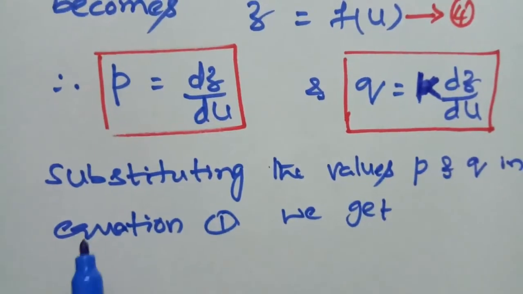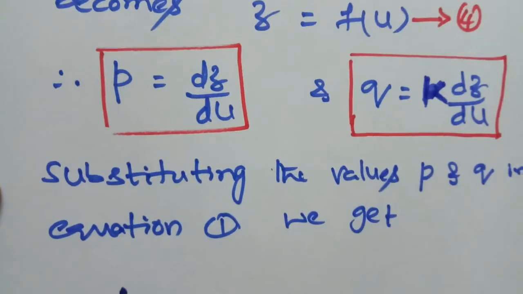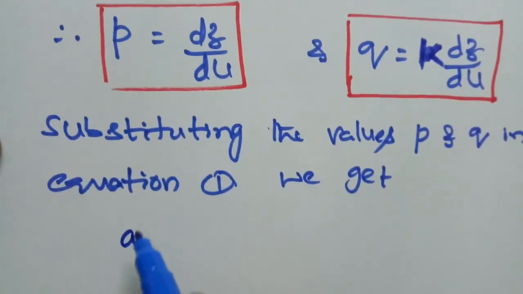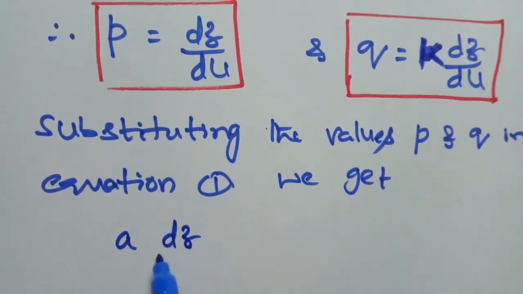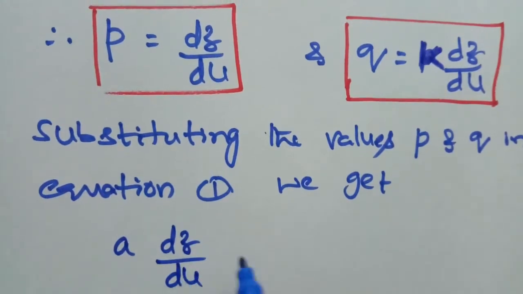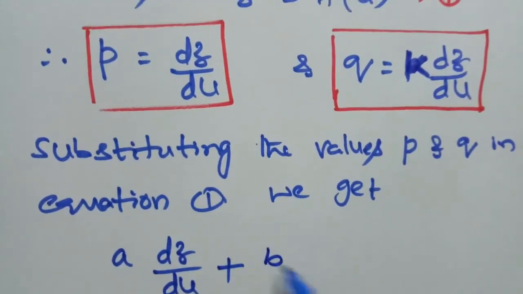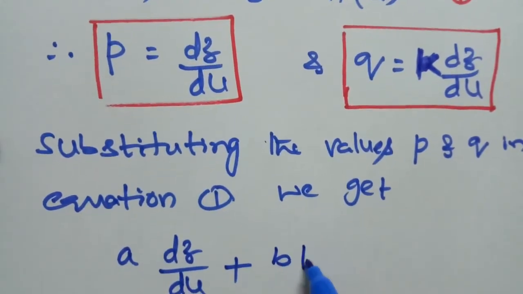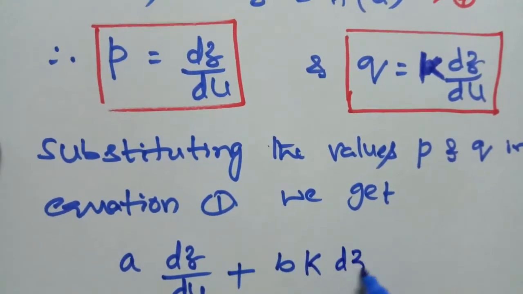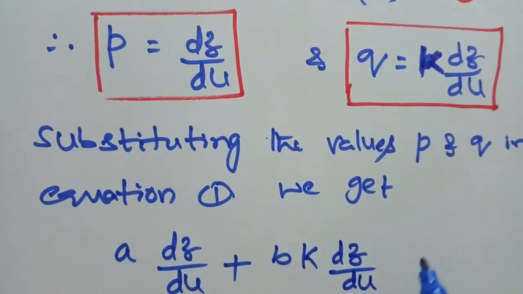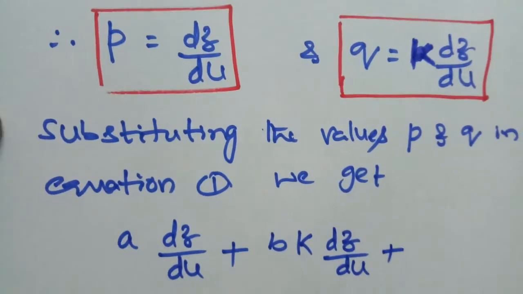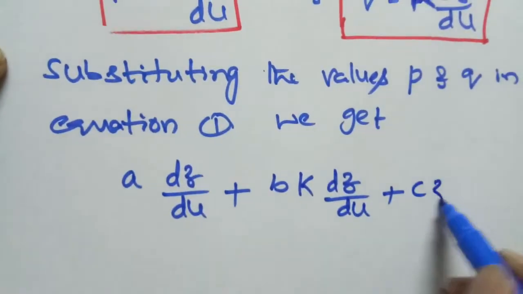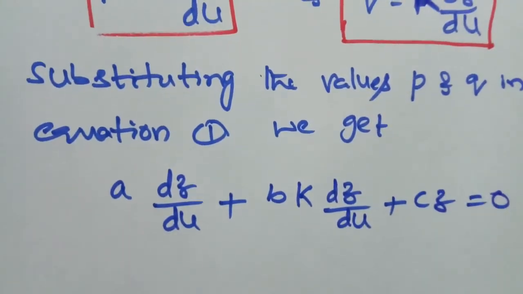Therefore a into p, p means dz by du, plus b into q, that is k into dz by du, plus c into z equal to 0.